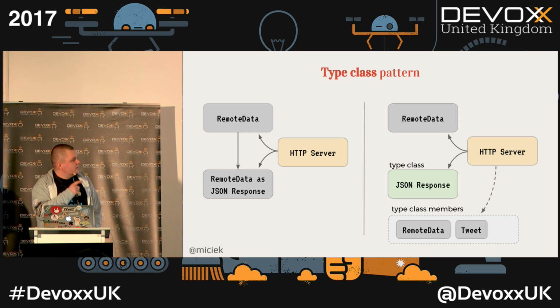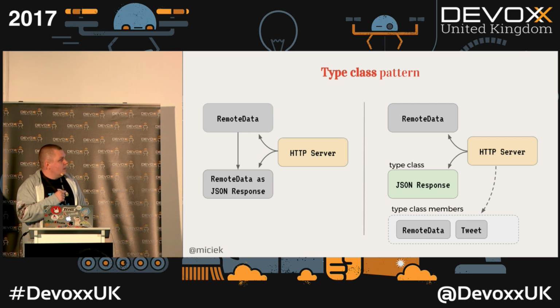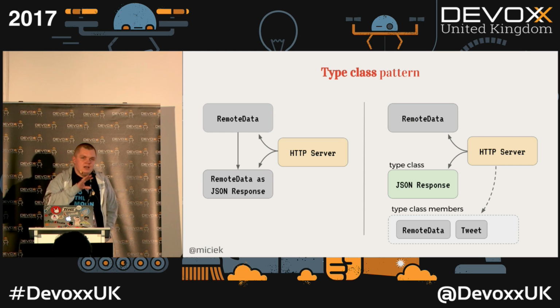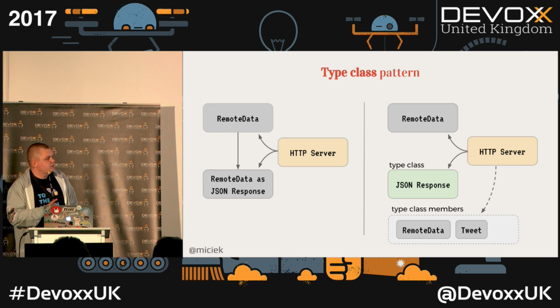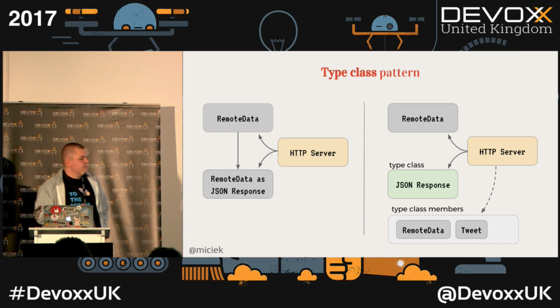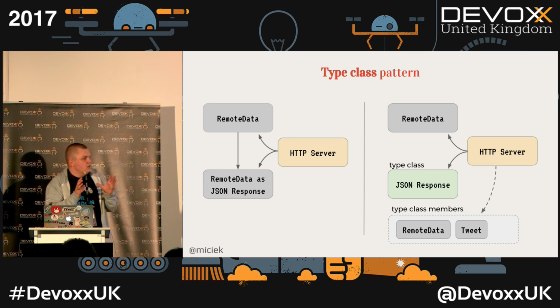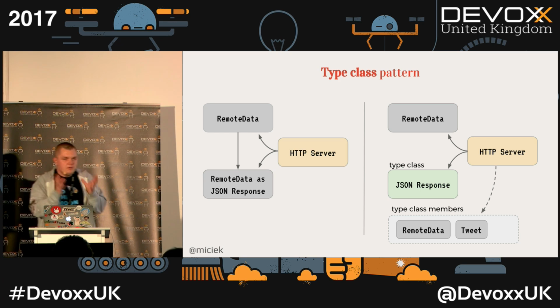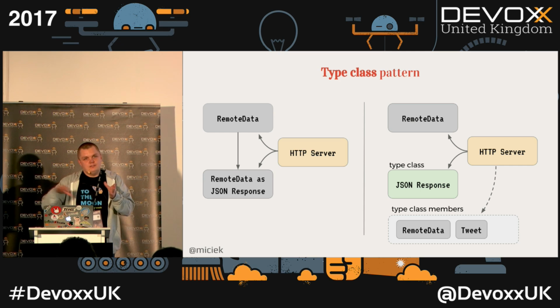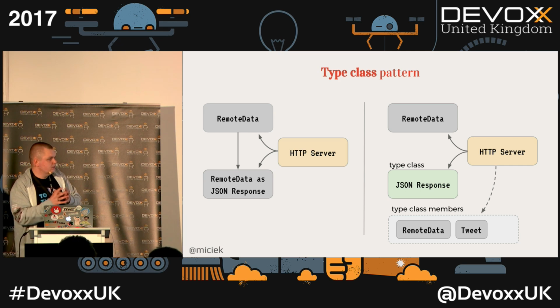On the right-hand side, you can see that the type class pattern allows us to decouple those things. So remote data is a pure value. Its only concern is being a representation of the state of the database cache. And a type class is a group of types that can be used as JSON. This class is not the class from object-oriented programming, it's a group of types.